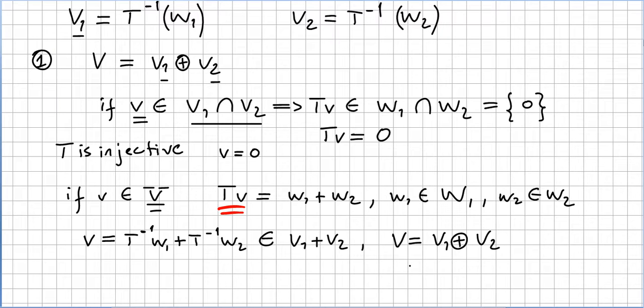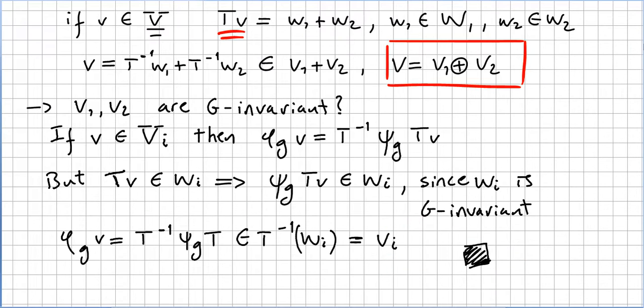Since this happens, we conclude that V has to be the direct sum of V1 and V2. But now that we proved that, we still have a question: are V1 and V2 G invariant?